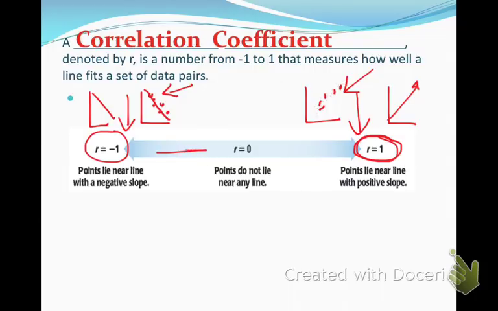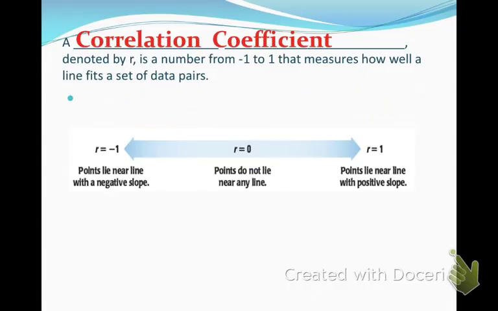Often it's some decimal in between 0 and -1 or between 0 and 1. If the correlation coefficient is 0, there is absolutely no correlation at all. So it's a way of measuring how strong your correlation actually is. And I will show you eventually on the graphing calculator how it can do that part for you.